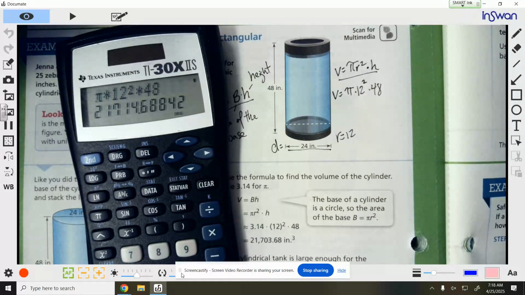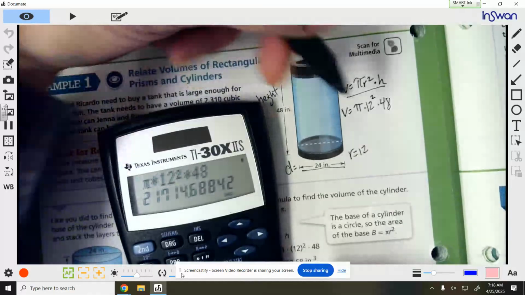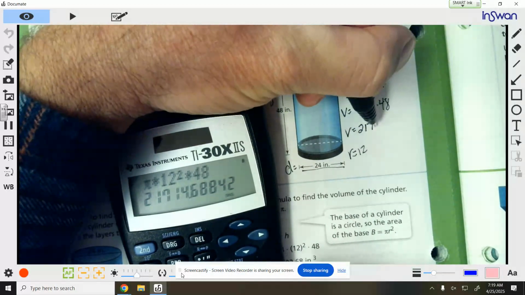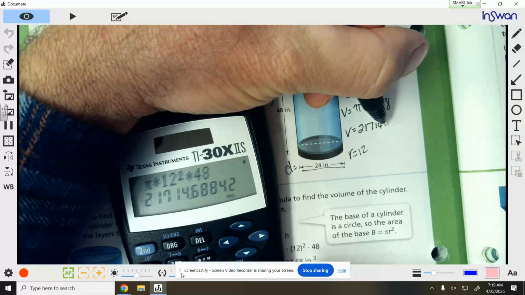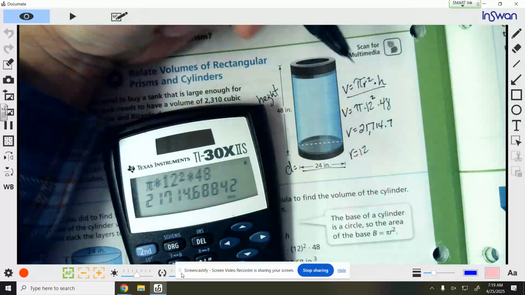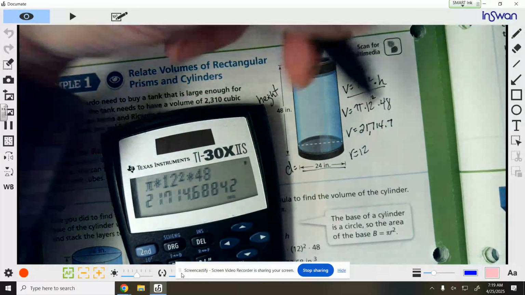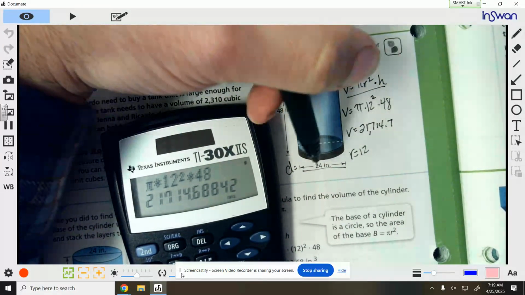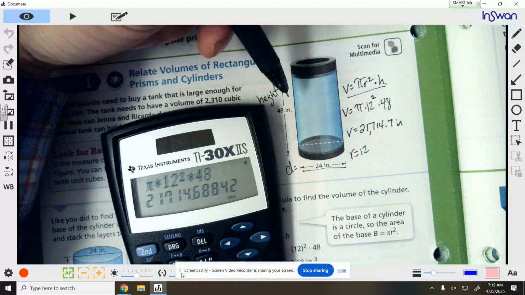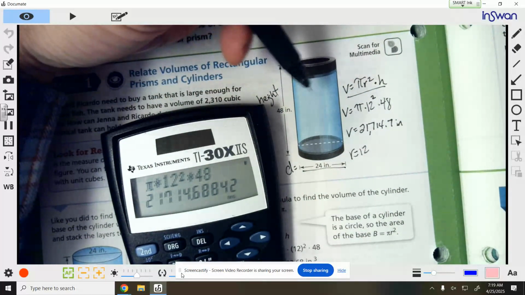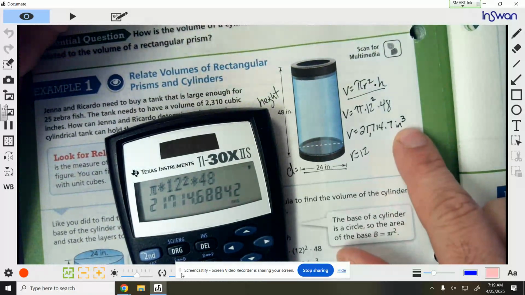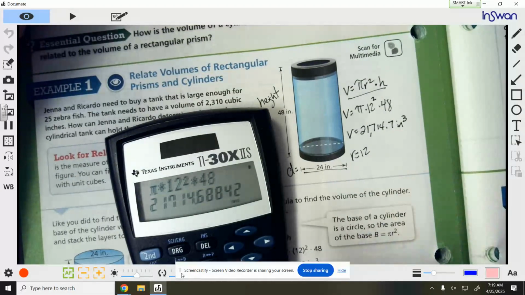And let's say I round this to the nearest tenth, and that's going to be V equals 21,714.7, and for my label, I see it's in inches. But because this is a three-dimensional object here, and we're talking about volume, volume is going to be cubed. All right, so all our labels for volume are going to be cubed.